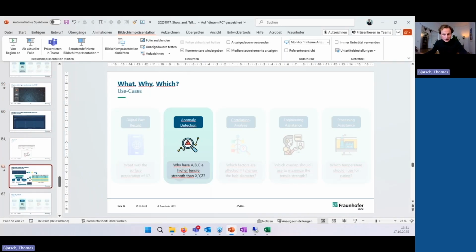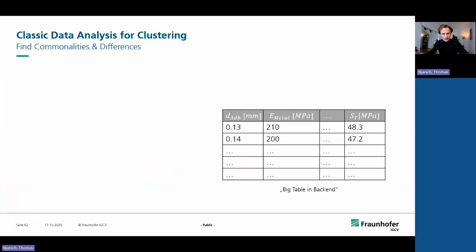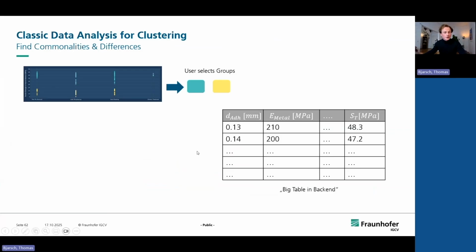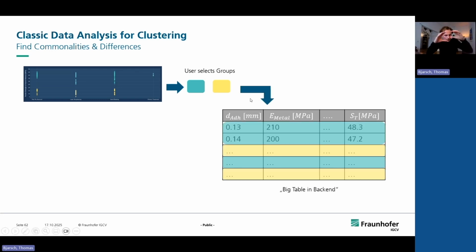How is this done in the backend? As I told you, we have this big table. The user selects the groups, and each data point is linked in the background to the actual part, so we can more or less build the groups using the rows.